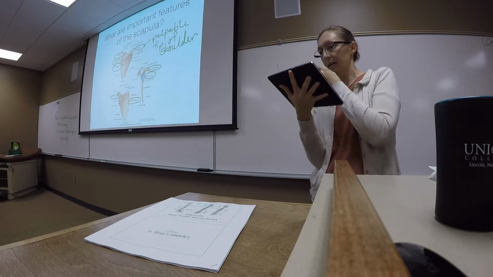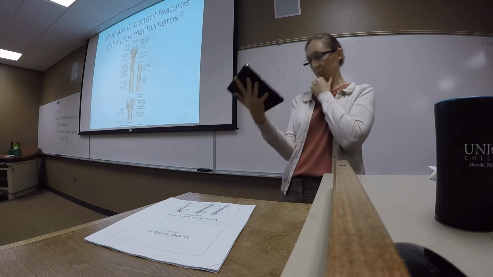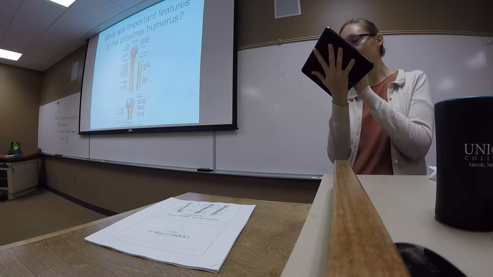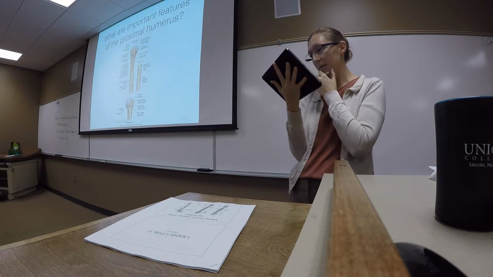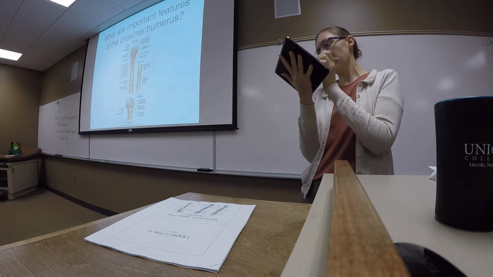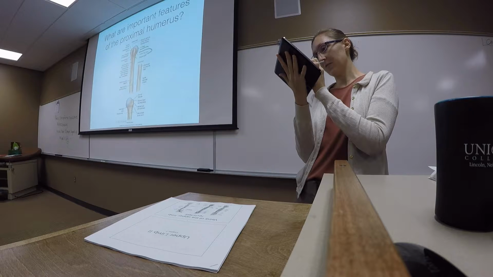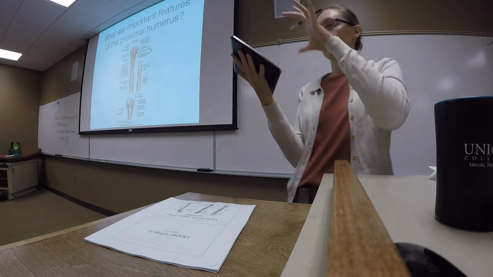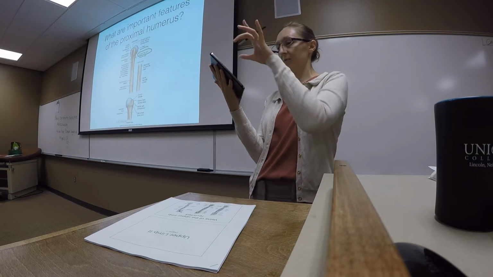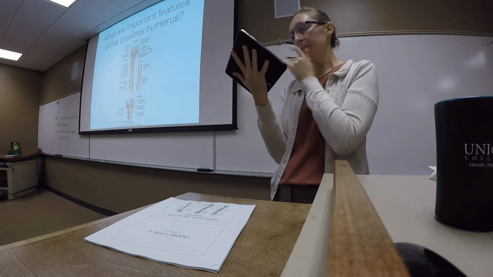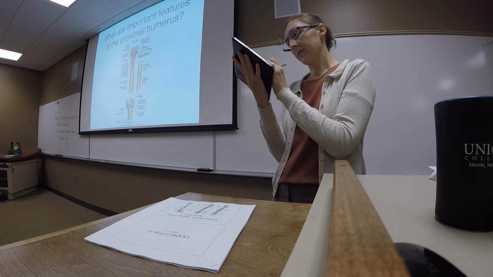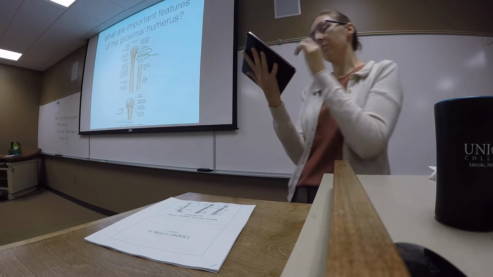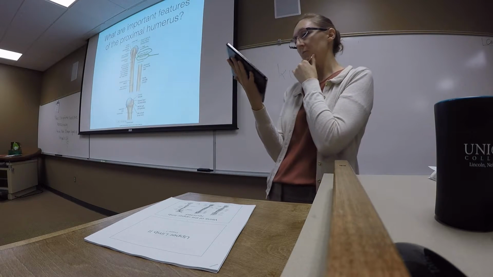All right. Next is the proximal humerus. You can almost read it on this one. Obviously, we have the head that articulates with the glenoid cavity. We have two necks. We have the anatomical neck, which is what we would normally think of as the neck of a long bone, just distal to the head. Then we also have the surgical neck. The surgical neck is below the major tubercles of the proximal humerus.